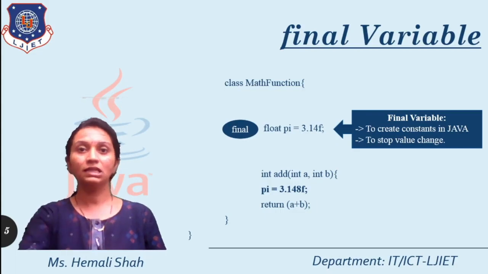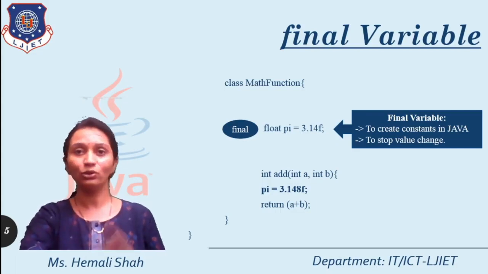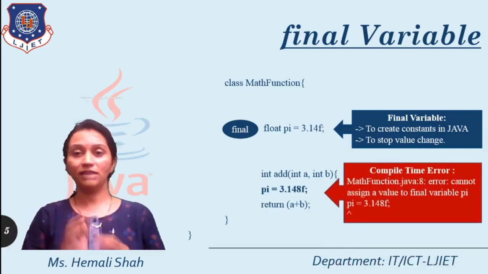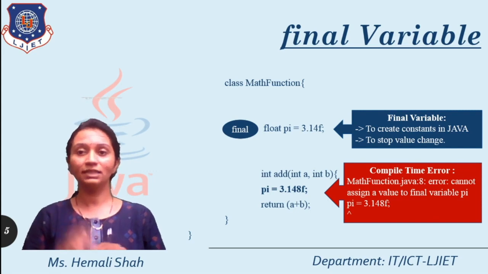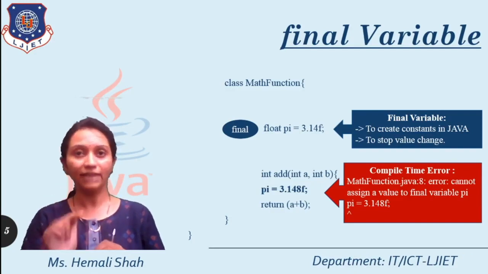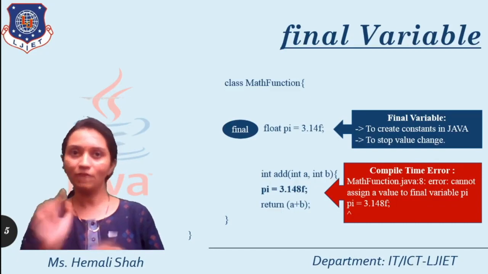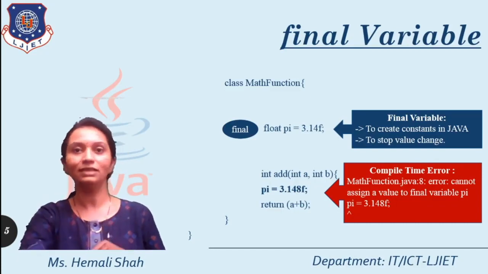Try to compile it. Whenever you compile this code, you will get an error like this. This error tells you that pi is a final variable, so it cannot be changed in your program, and it points the cursor at the statement where you use the assignment operator to assign the new value to the pi variable. So it always points at the statement where the syntax is incorrect, right?